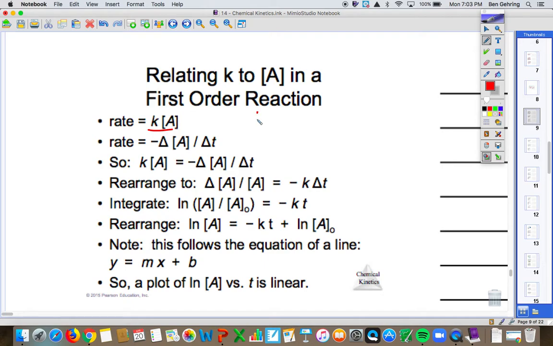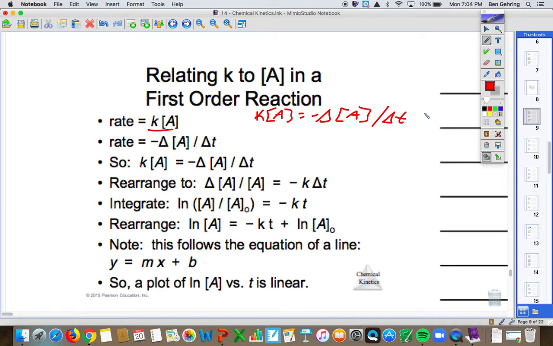We have k times concentration of A equals negative change in A divided by your change in t. So we're going to get t off the bottom, and we're going to get the A's on the same side. When we do that, we're going to multiply by delta t and move the negative sign.